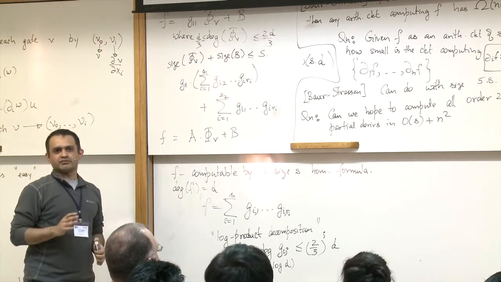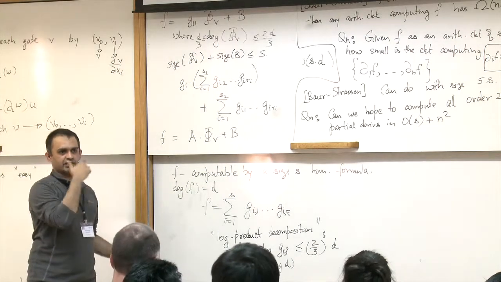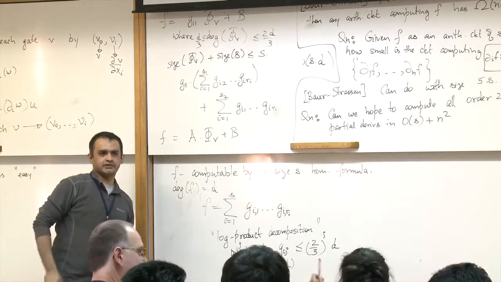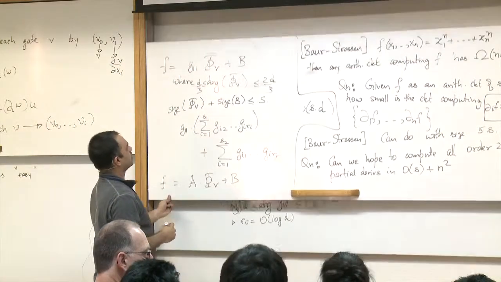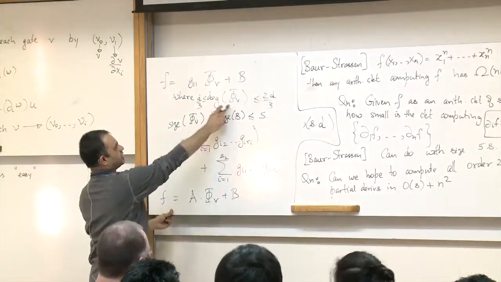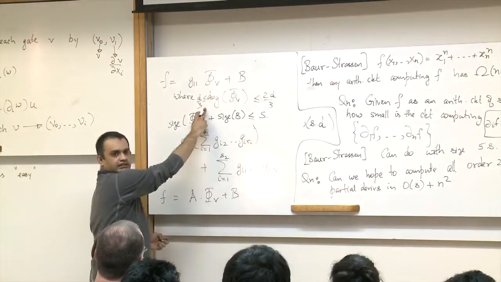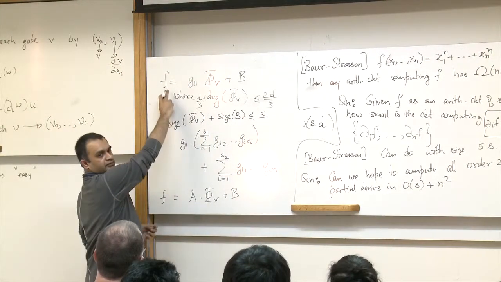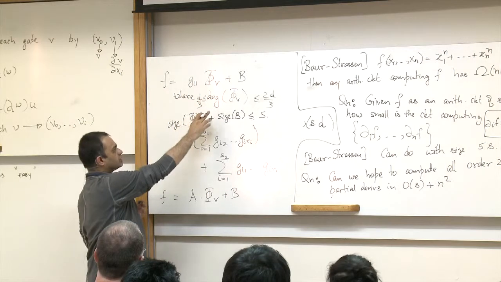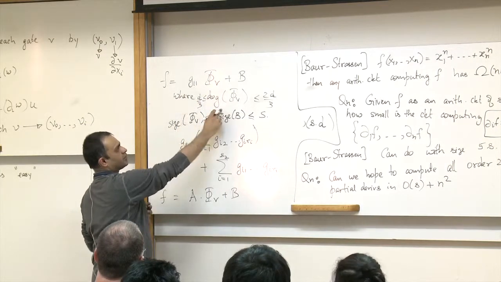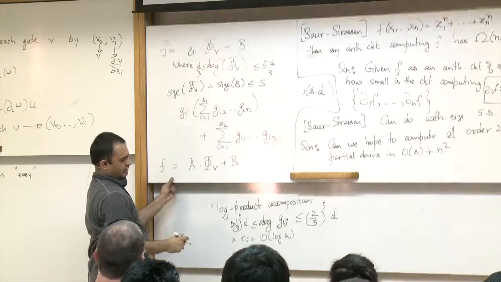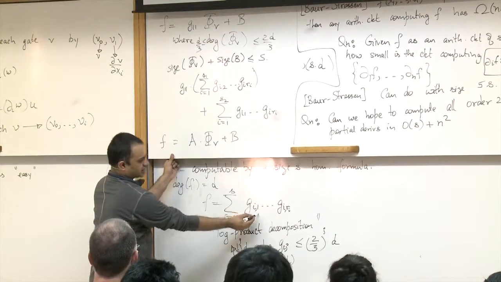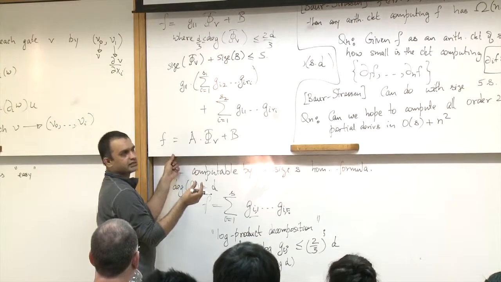So this is perhaps a good point to stop, and we'll get back to this in the next. Okay, so I found a node V whose degree was between 2d by 3 and d by 3. And f was a polynomial of degree d. So therefore, G11 must be a polynomial of degree something between 2d by 3 and d by 3.